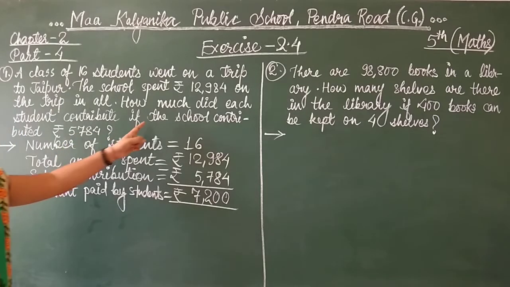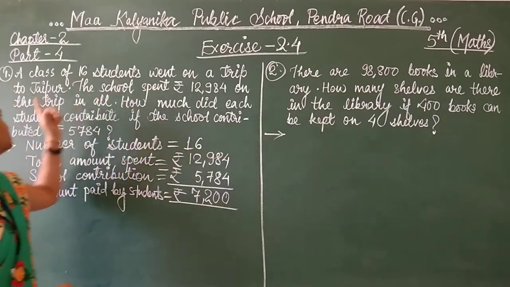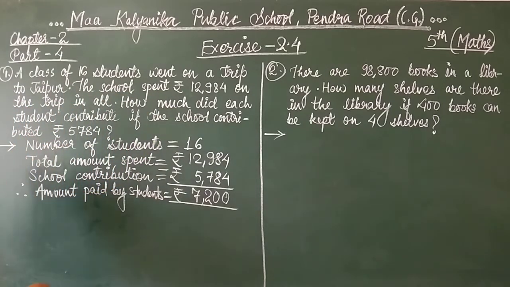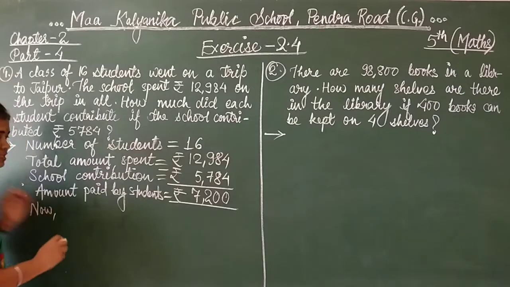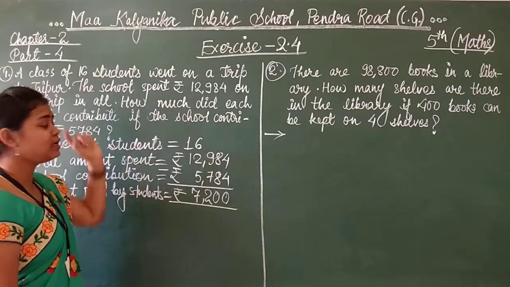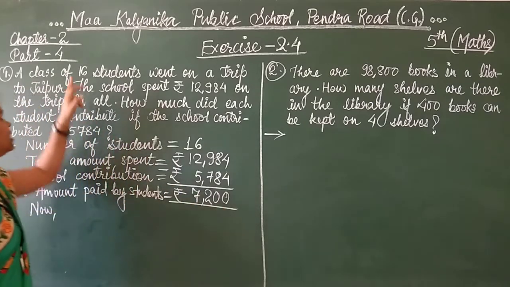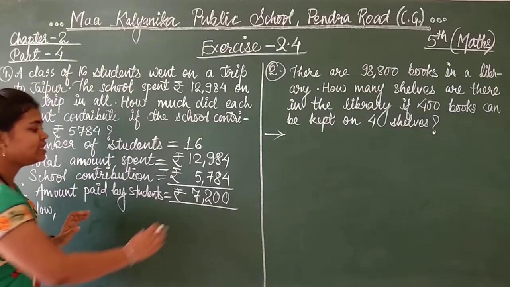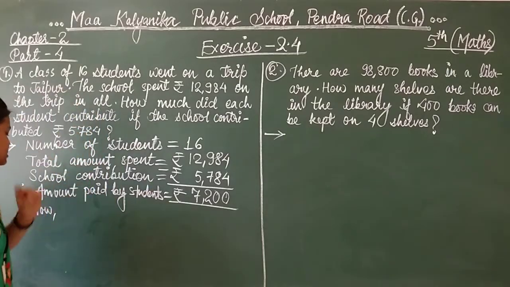Now the question is, if the school contributed this much, how much did each student give? So now we have to find, means this much is given by the students, 16 students are there. So if we divide 7,200 by 16, then we will get the answer, and that is the amount contributed by each student.